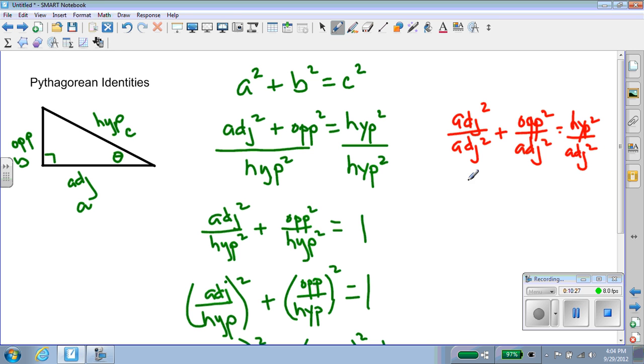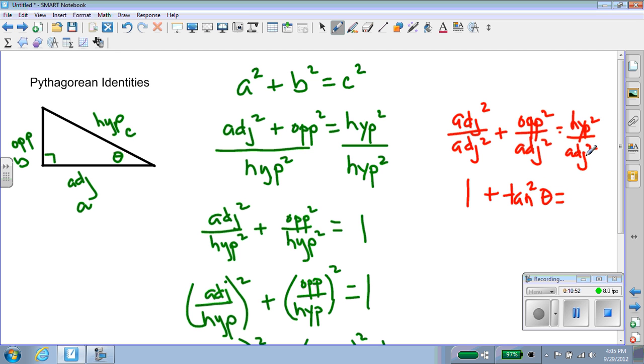Obviously, something divided by itself is 1. Opposite squared divided by adjacent squared would be opposite divided by adjacent quantity squared, but opposite divided by adjacent, well, we know that is tangent of theta, squared.